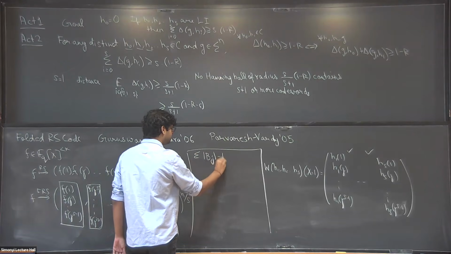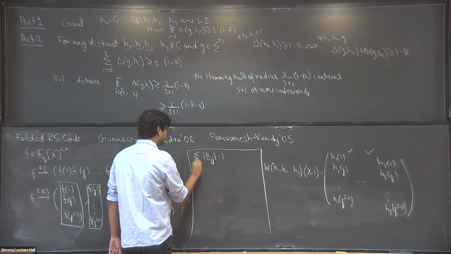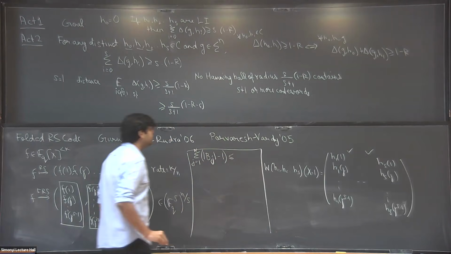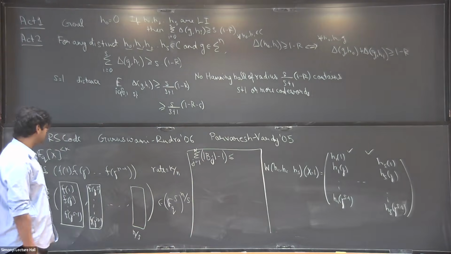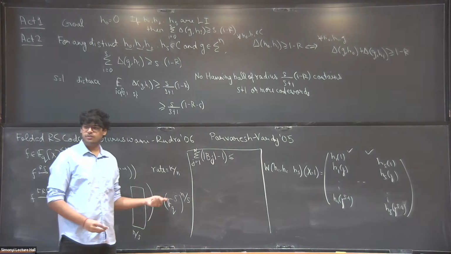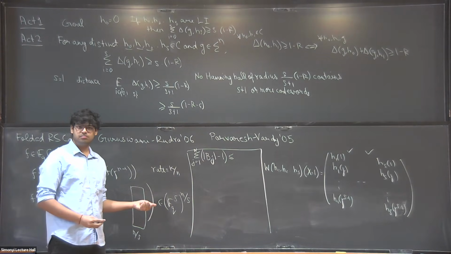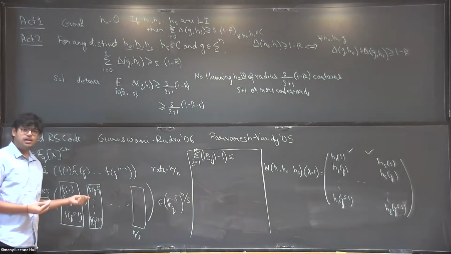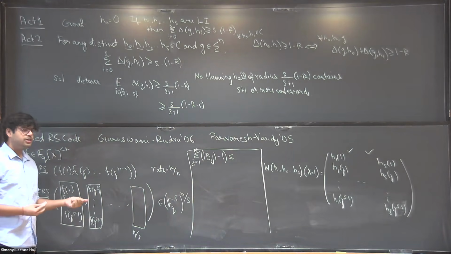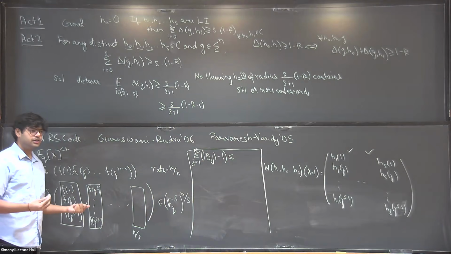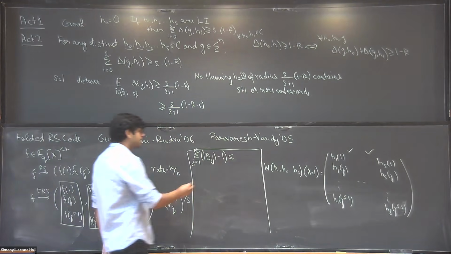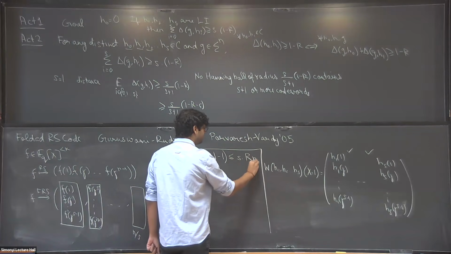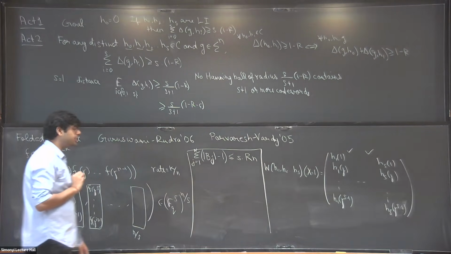All of that was to say that if I sum up Bj minus 1, what is the degree of the Wronskian that I have? It would be S times the degree of each polynomial, because each polynomial has degree less than k. And when I take the determinant, that blows up the degree by a factor of S. The degree of each polynomial was Rn to begin with, and that remains the same.